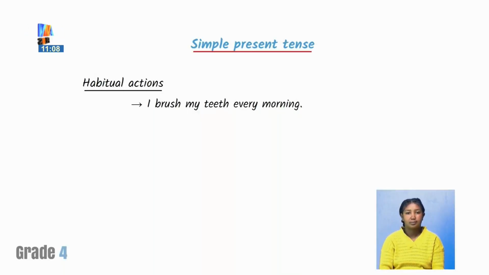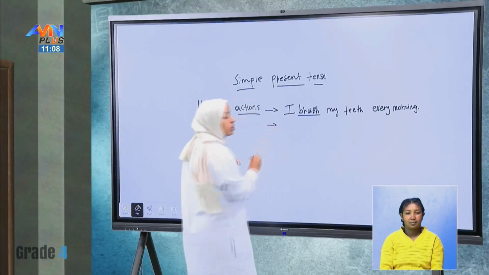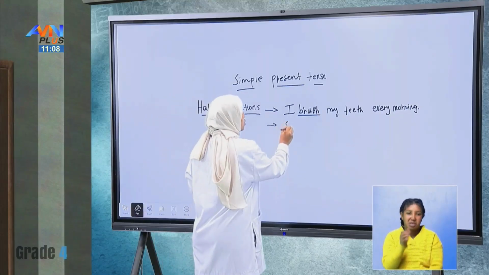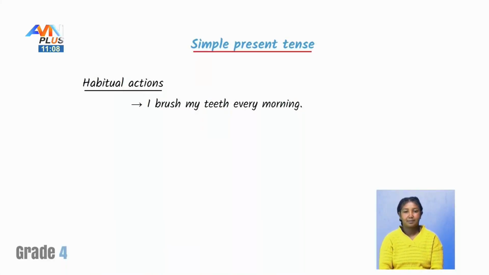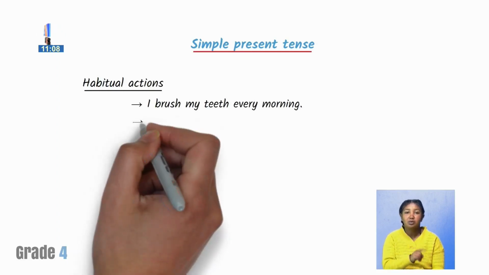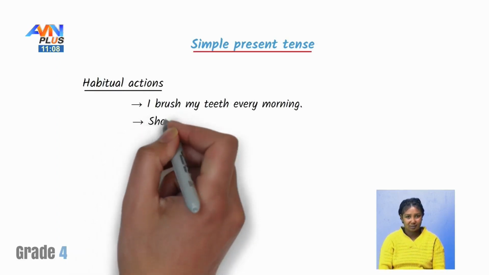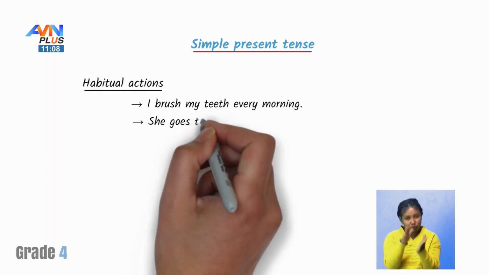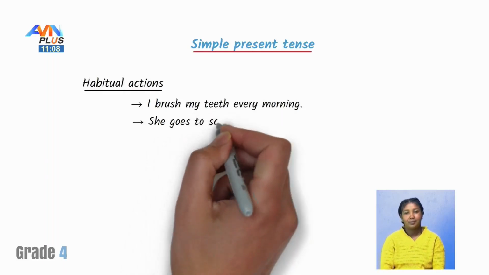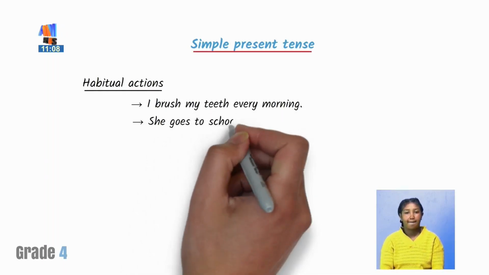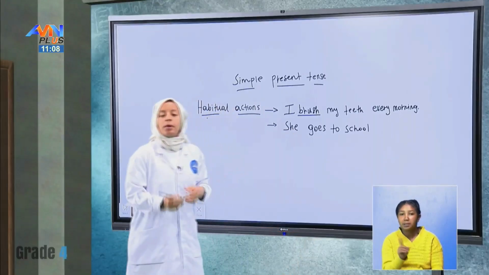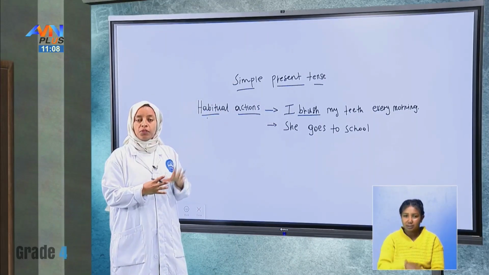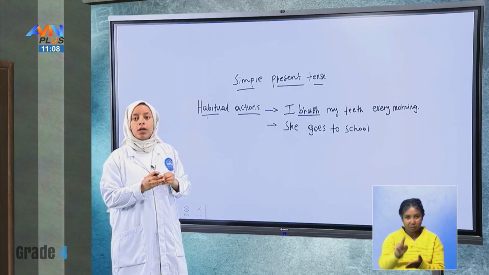Let me give you another example. Maybe your sister or your brother. We can say she. She goes to school. How many times are you going to school? Maybe five times a week, maybe every day.